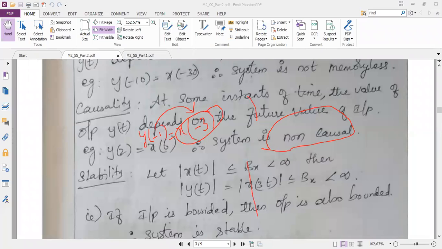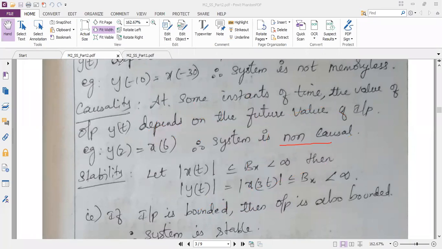When you draw it on the graph, minus 1 will come first, minus 2 next, minus 3 after that. So minus 1 is the present, and minus 3 is future. Any value you substitute, you will get the output depending on the future values of x. Is it clear? Yes, ma'am. So I can say that it is non-causal.